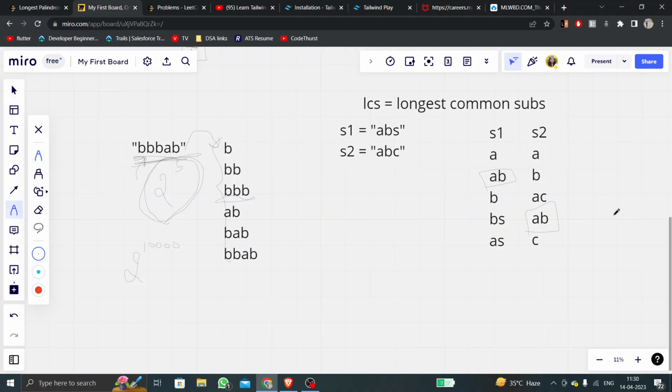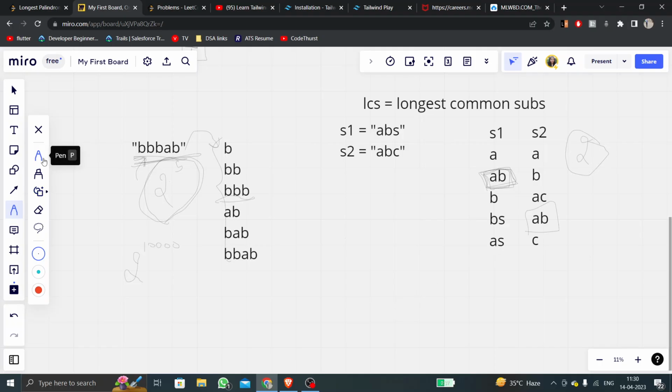Out of those common subsequences, I have to find the subsequence whose length is the maximum. So in this case, only A, B is the subsequence. So the length of the subsequence will be 2.